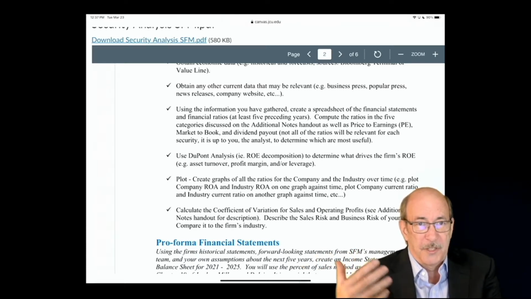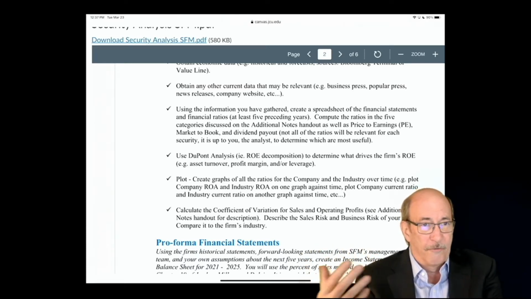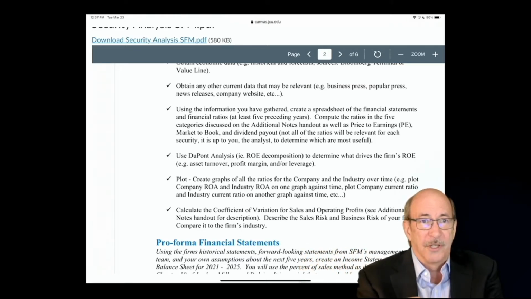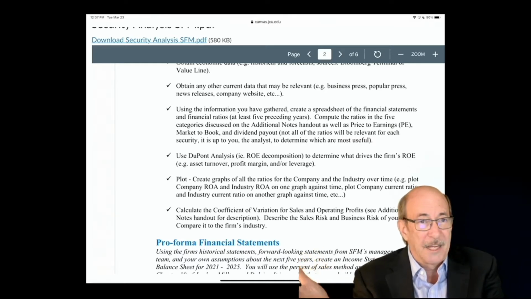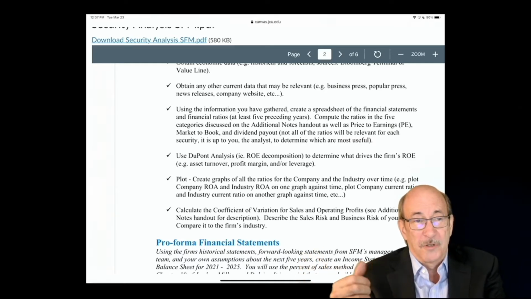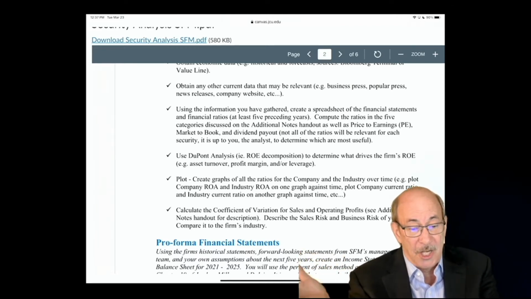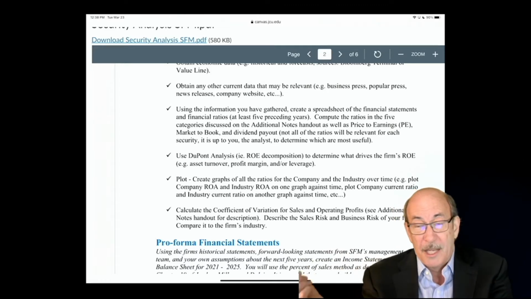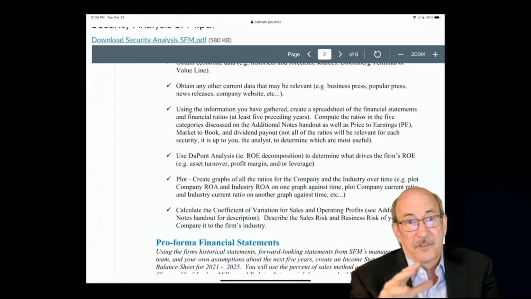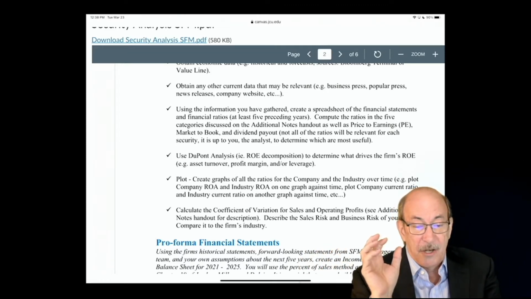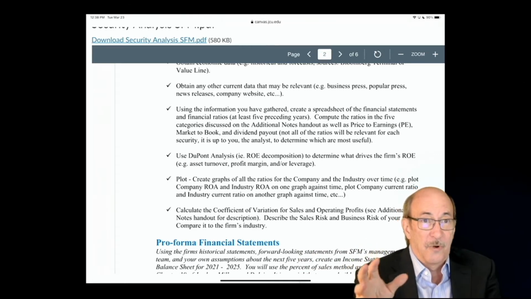So the business press, the popular press, Wall Street Journal, Forbes, any of those, all the way out to any sort of popular press that you might want to choose, magazines, newspapers, maybe even Bloomberg TV or CNBC, things of that nature. And again, just provide me with the links. And I would say, the more the merrier on that score.